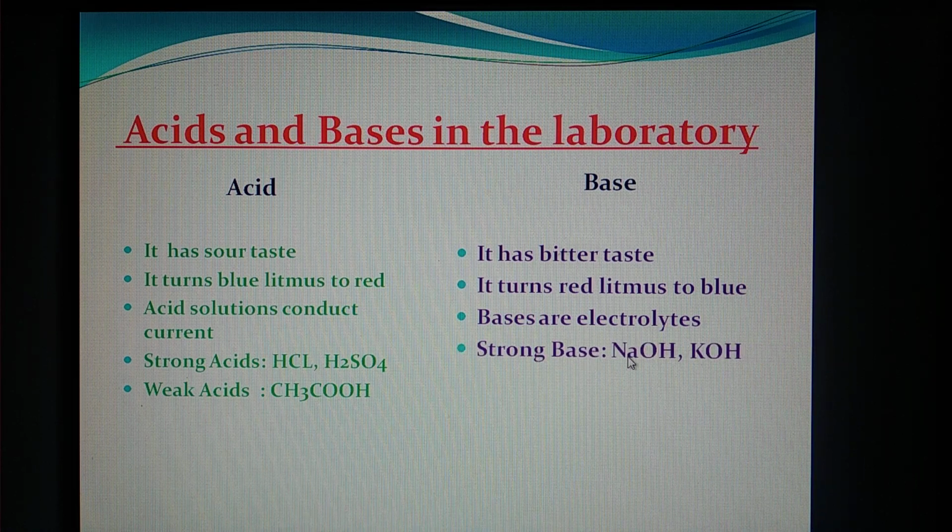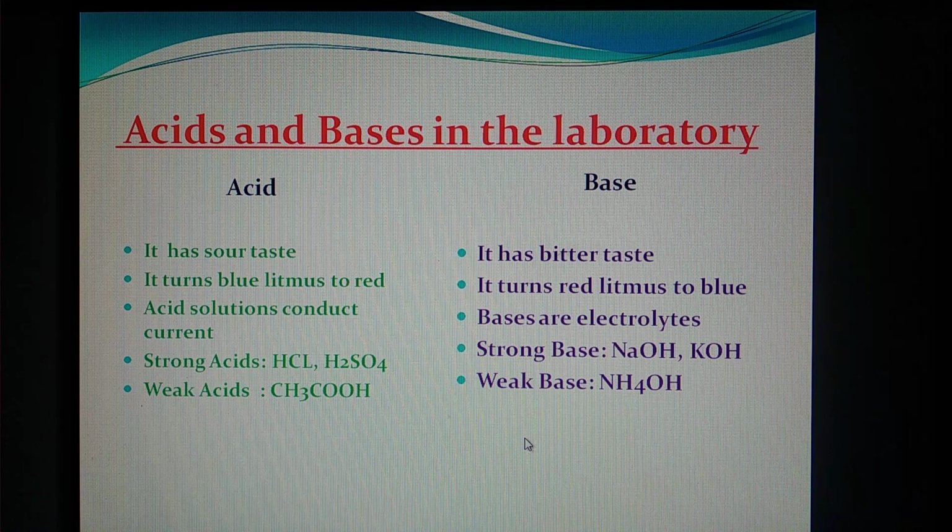Sodium hydroxide and potassium hydroxide are examples of strong bases. And ammonium hydroxide, NH4OH, is an example of a weak base. These are the differences between acids and bases. Sometimes they will ask this question for 1 mark or 2 marks. Okay? Remember all these, copy these points in the class book and learn.